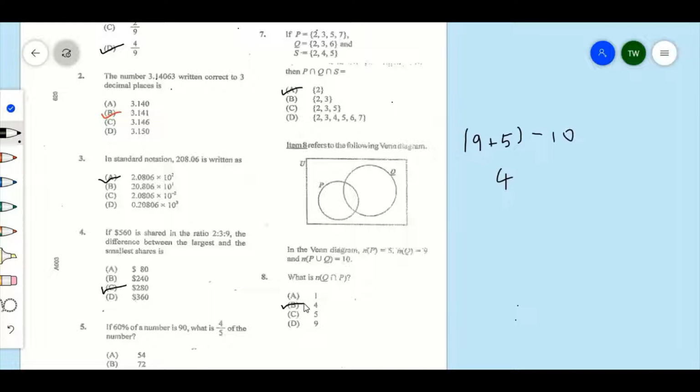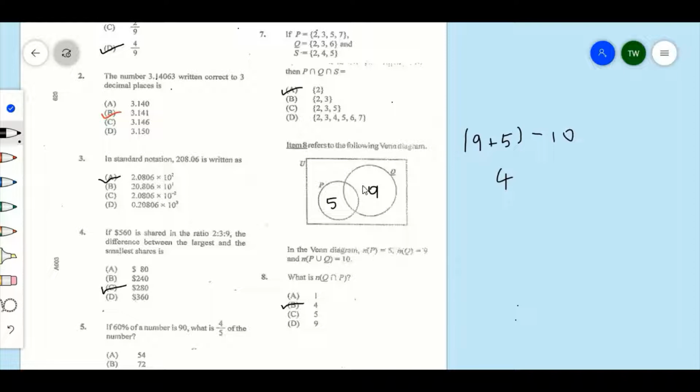Let me just explain this a little bit more. Now, if the number of elements in P is 5, right? In this set here is going to be 5. And the number of elements in Q is going to be 9, right? And then when they combine both of them, they tell us that P union Q is 10, which means that some elements here would have been counted only once, right?